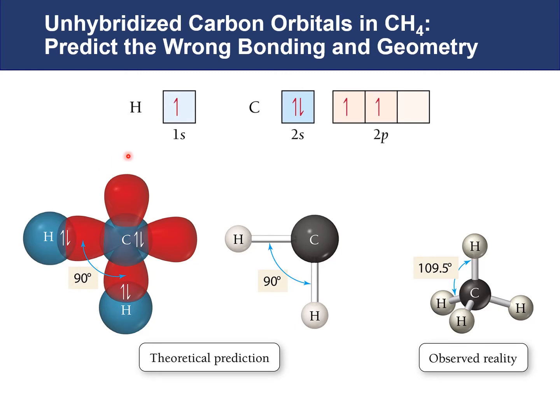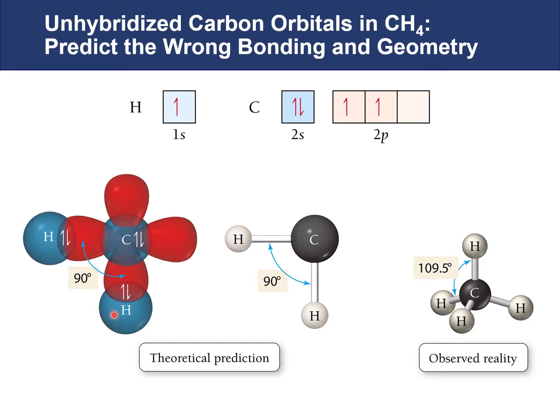Pictorially, the problem, as described previously, is if we want to bond together hydrogen atoms with carbon, our carbon has the 2s orbitals fully filled, and the 2p orbitals, only two of them are half filled. From this, we would expect, because we're interacting p orbitals, which are linear in nature, with our s orbitals, the p orbitals lie directly along the axes, and so what we should see is a 90-degree bond angle.